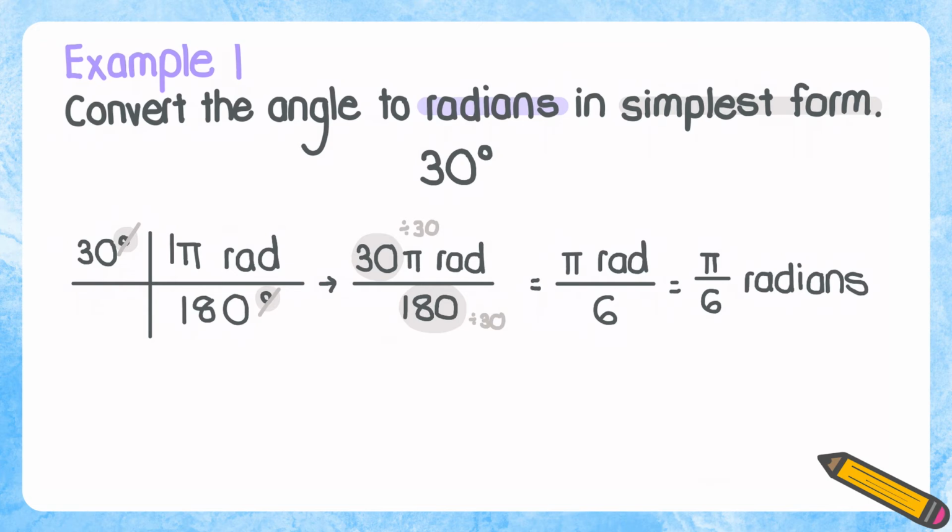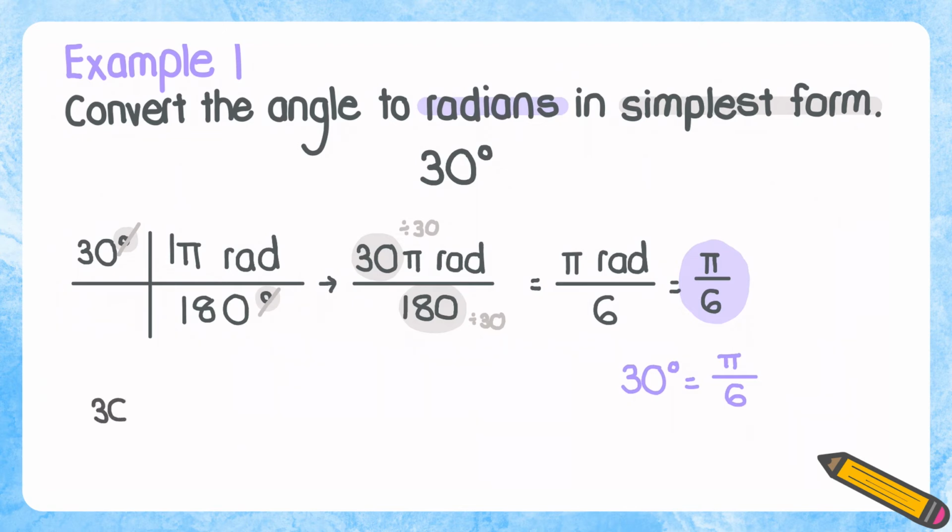And the usage of pi tells us that we're working with radians, so you actually don't have to write the unit. You can just write it as pi over 6. So we were able to find out that 30 degrees, written in radian form, is pi over 6. Again, they're the same thing, just written differently.